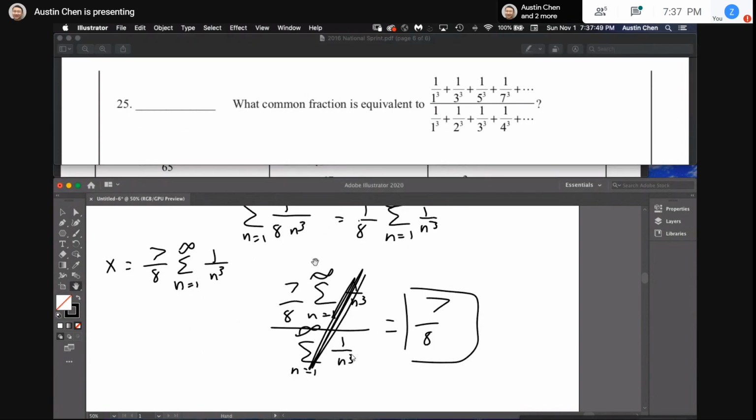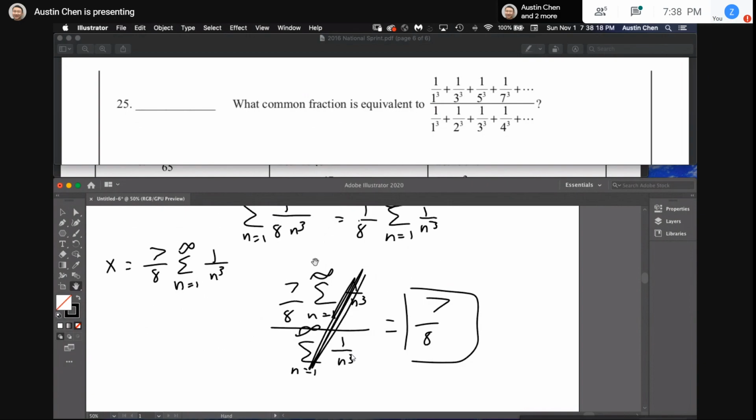So the thing with this is when you're working with infinite sums, you want to see if you can generalize, and see if you can put things in series notation, because that will help you simplify. Especially with infinite sums, that's really important.